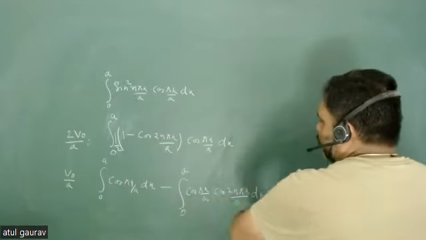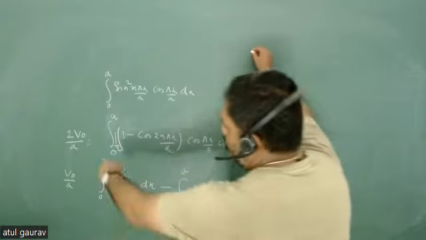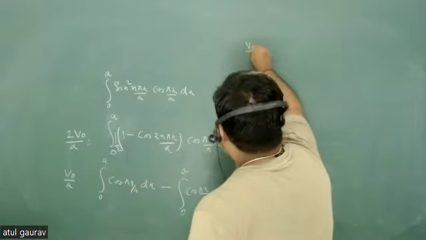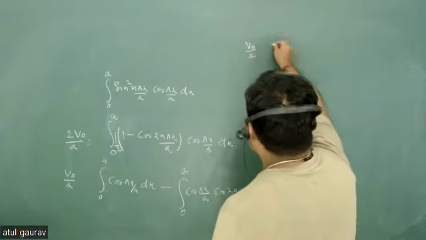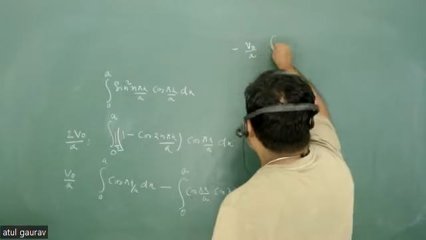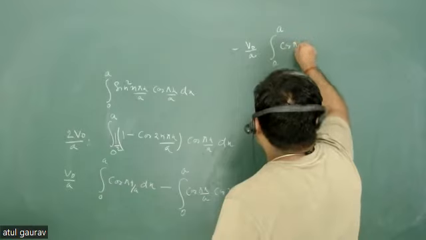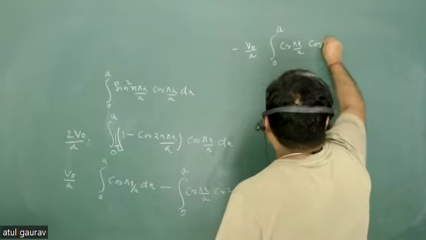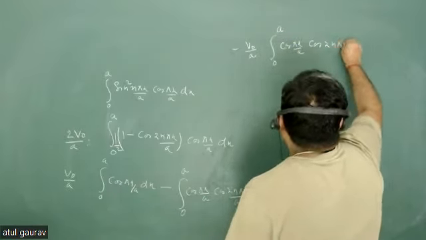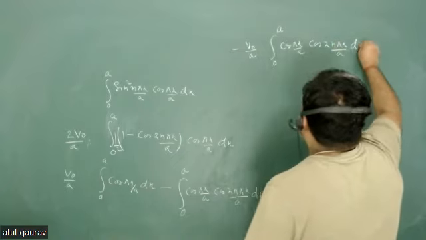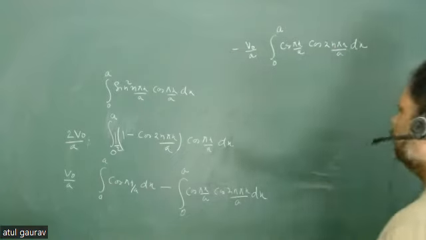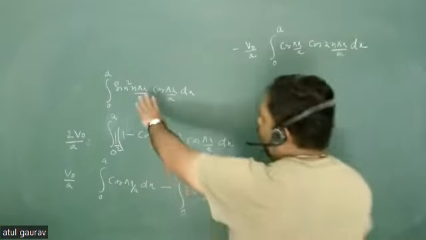And now we have to calculate this particular value. This is basically V naught by a, and we go for the integration, with the minus sign, 0 to a cos(πx/a) cos(2nπx/a) dx. Sorry, I did not notice that the n was there.